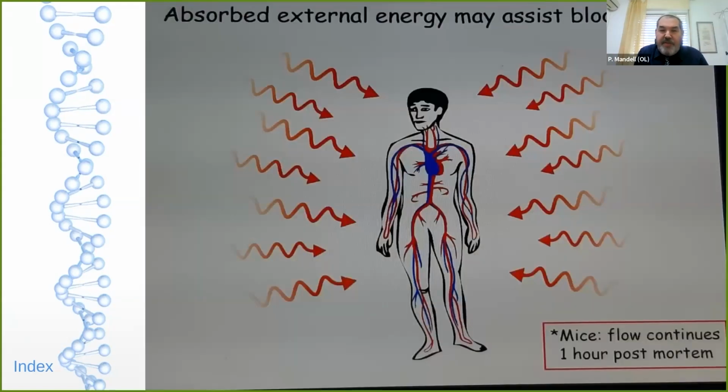And this we discovered in tests in mice, where their blood flows even 1 hour post-mortem. And also in humans, we have seen that even after a person dies, their blood is still flowing hours after. So it's obviously not the heart. There's another mechanism going on here because of the structure of water.